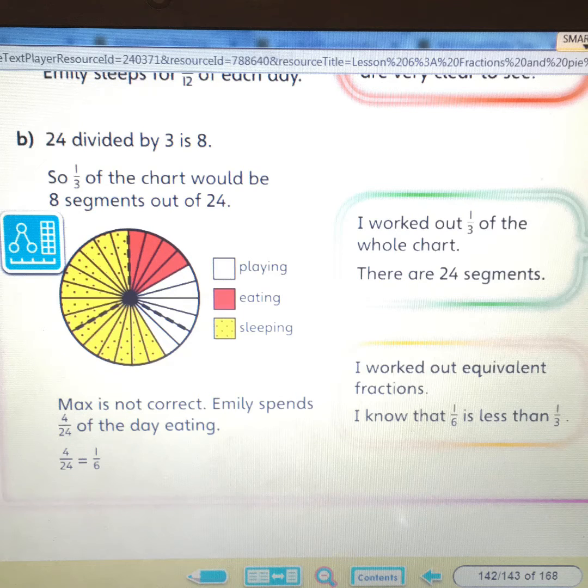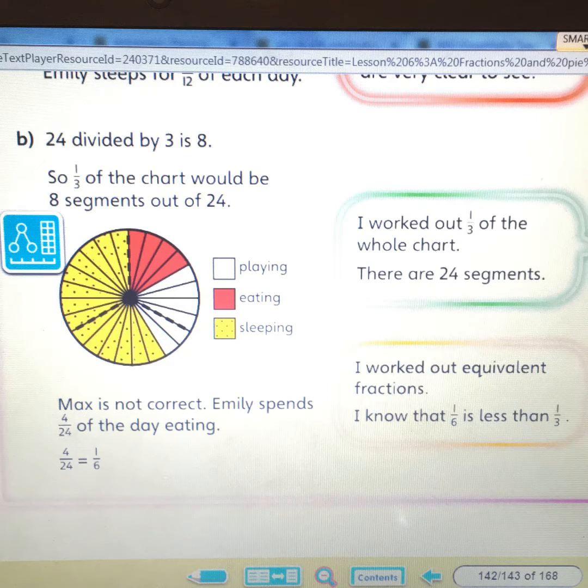So for B, Max said that she spends 1/3 of each day eating. Well, 24, which is how many hours there are, divided by 3 would be 8. So for Max to be right, she would have to be eating for 8 segments because that's the same as 1/3 of 24. If we look at it, eating is the red segment.